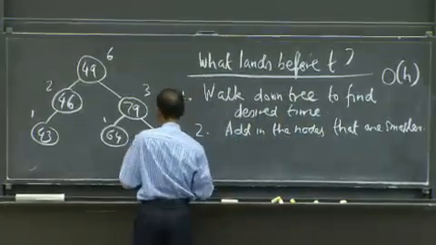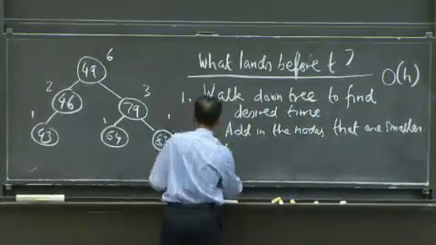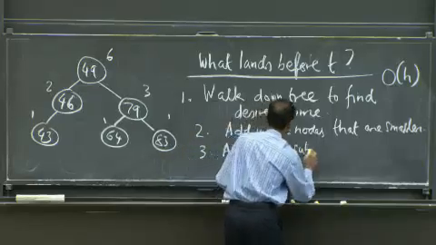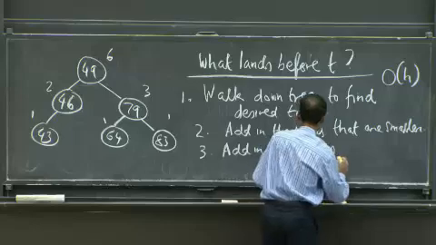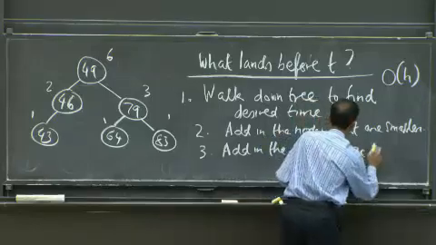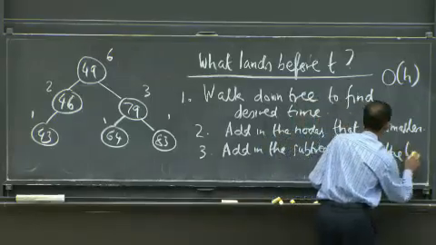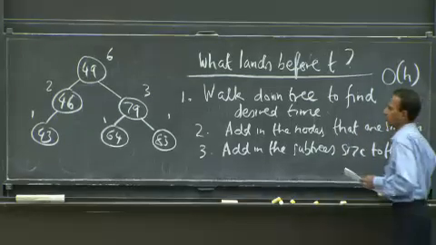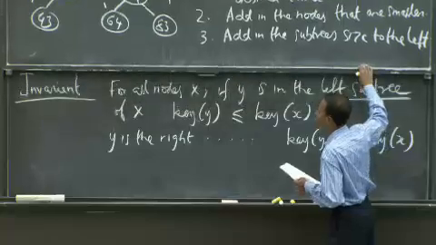And you're going to add 1 corresponding to the nodes that are smaller. We're going to add in the subtree sizes to the left, as opposed to subtracting. That may not make a lot of sense, but I guarantee you it will once we do an example.